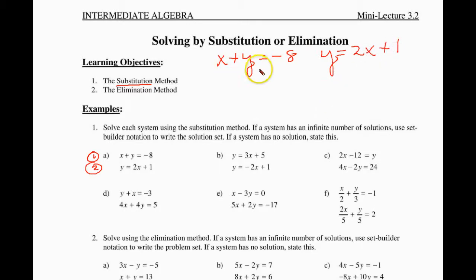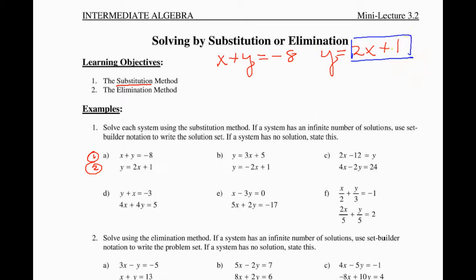And we're going to use the method called substitution. Now what that involves is that we're saying the value for y in terms of x is 2x plus 1. This is what y equals. Y equals 2x plus 1.